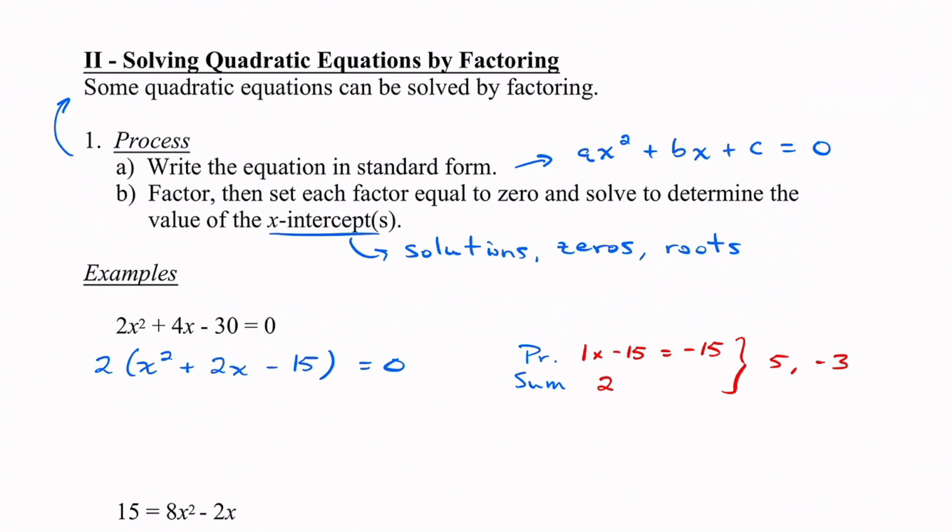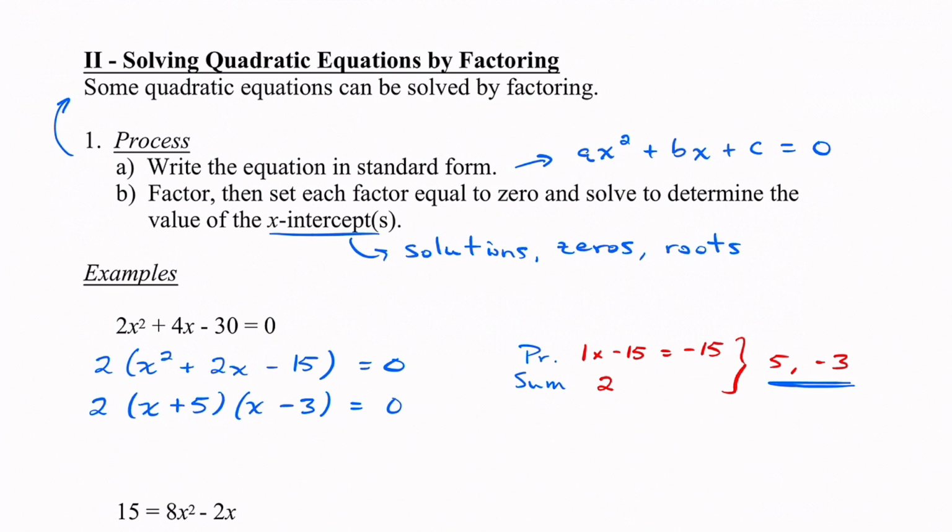Okay, so we got our two terms. Now because this is the simpler type where there's just that hidden 1 in front of the x squared, we can immediately break it down into these two terms that we just found. So what we're going to get is 2, an x plus 5 in brackets, and then an x minus 3 equals 0. Make sure you don't forget the equals 0.